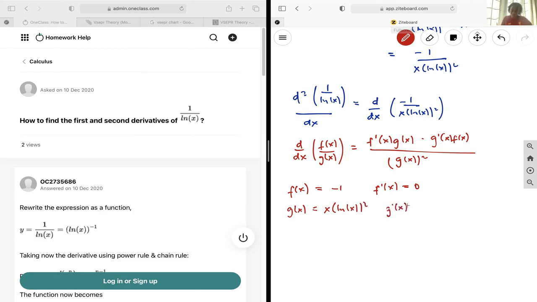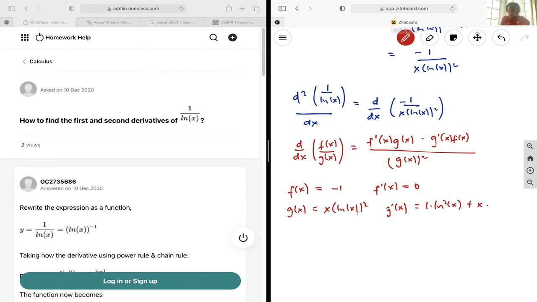The derivative, we're going to use the product rule for this one. And it will give us the answer of g prime of x is equal to d over dx of x. So that is going to give us 1 multiplied by ln squared x plus the derivative of this multiplied by x.